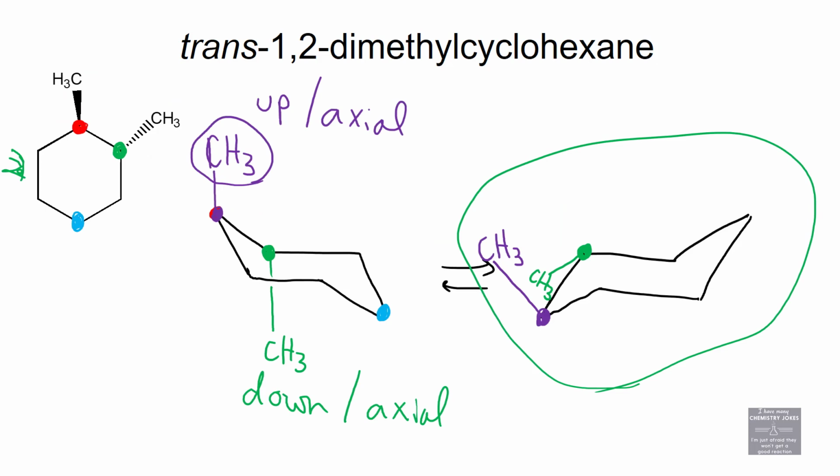If we flip backwards real quick, we said this green circled one is more stable than the other. What that really means is equilibrium favors the green circled one, and it spends more time in the green circled conformation than it does the other conformation. That's what it means for a chair conformation to be more stable.